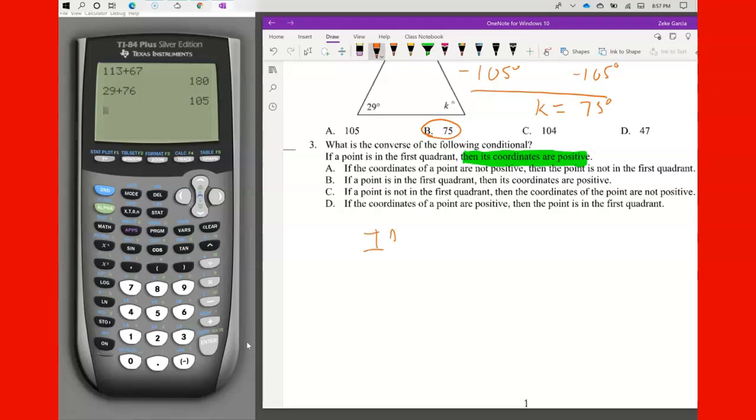If the coordinates are what? Positive, then the point is in the first quadrant.